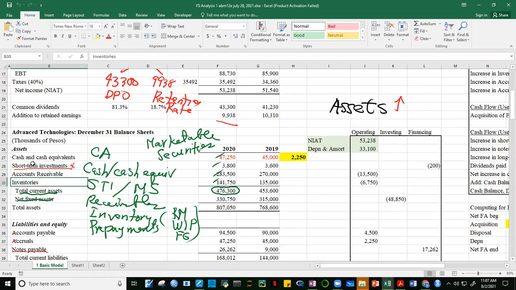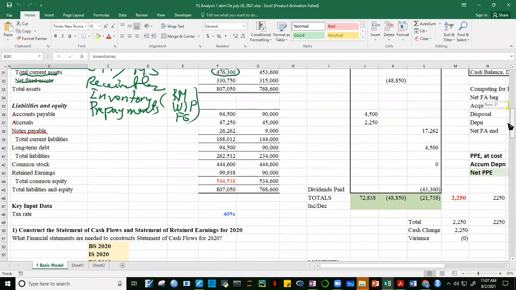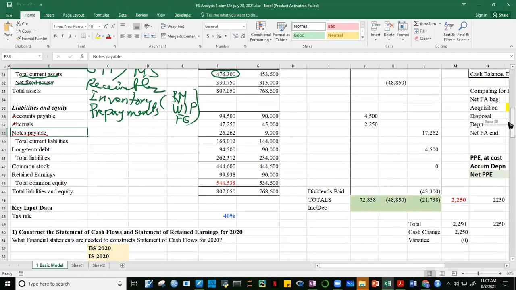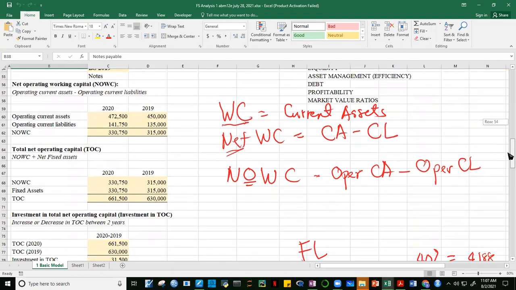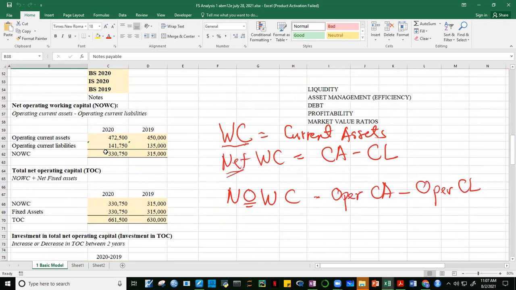We excluded short-term investments. Also, for operating current liabilities, in this instance, we have accounts payable and accruals. Notes payable is not included because it's interest bearing and it's financing. So given that, we were able to compute our net operating working capital.